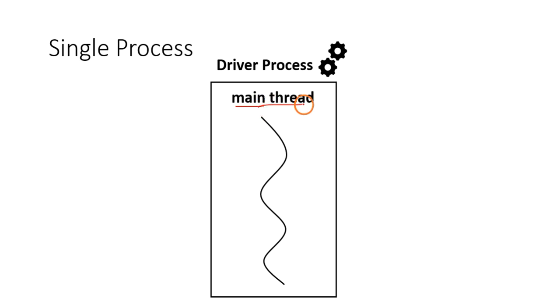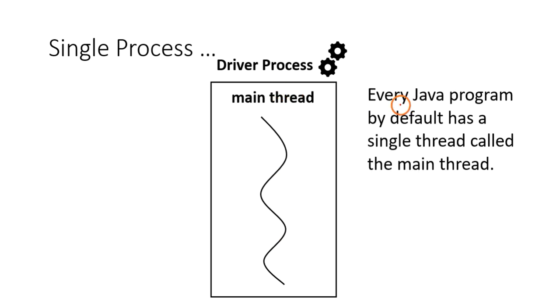That thread is called the main thread. Whatever code is there inside the main, that is this code. So as you see here, every Java program by default has a single thread, which is called the main thread. Not only this driver process, in every Java program that you execute, there is by default a single thread called the main thread. Only one thread is there by default.